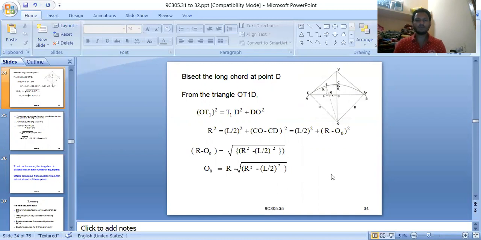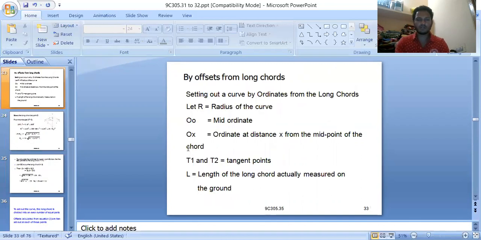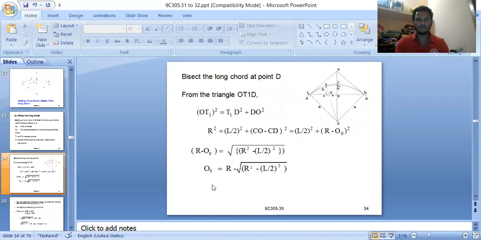Therefore, R square is equal to L by 2 whole square plus R minus O0 whole square. On simplifying this, we will get R minus O0 is equal to under root R square minus L by 2 whole square. Therefore O0 is equal to R minus under root R square minus L by 2 whole square. This is the formula for O0.